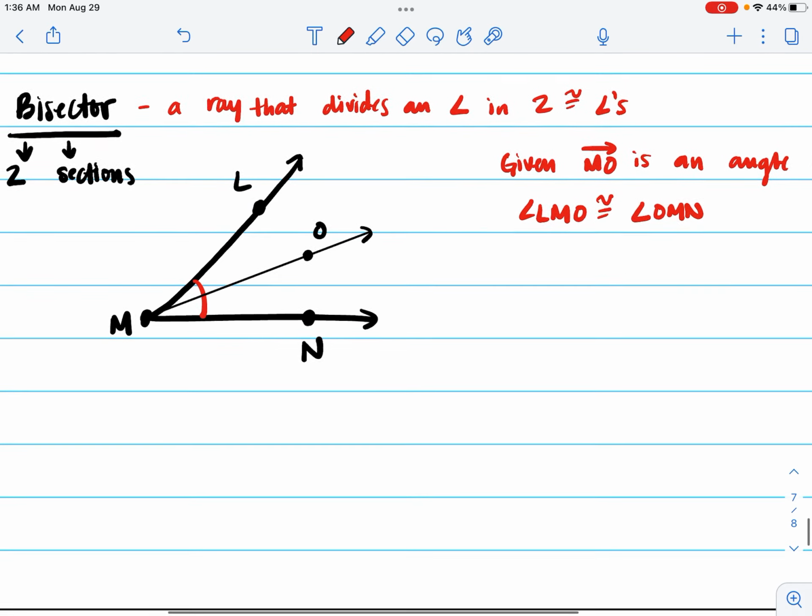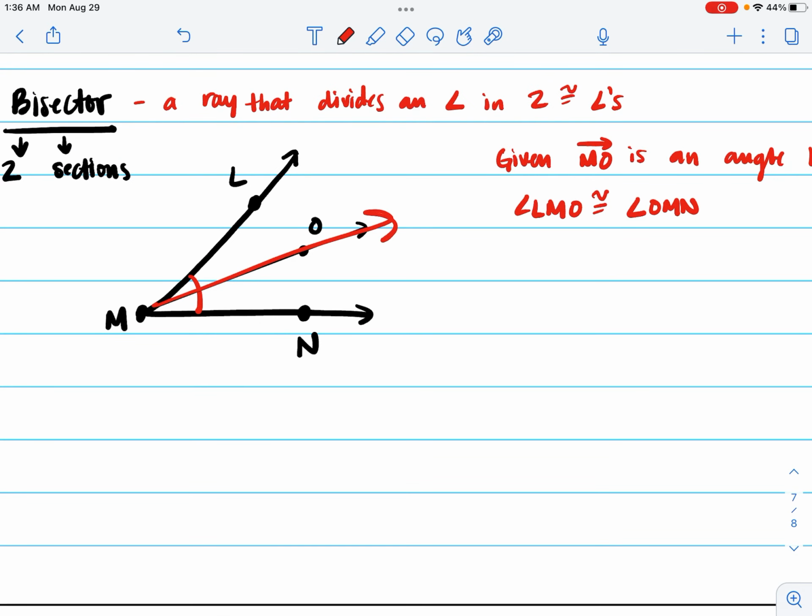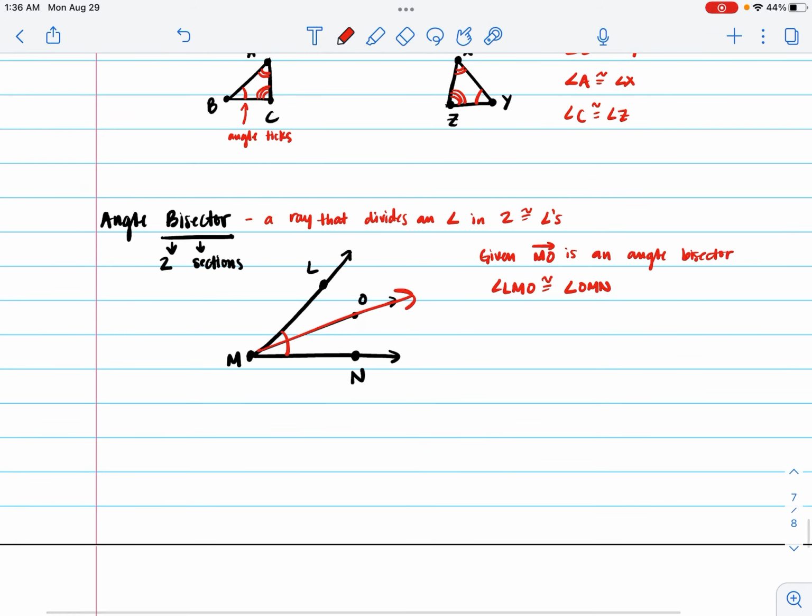So with that said, the angle bisector cuts it perfectly in half. We have two congruent angles now on the bottom and top, and we're good to go.